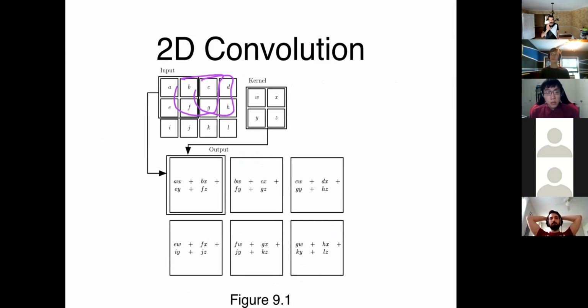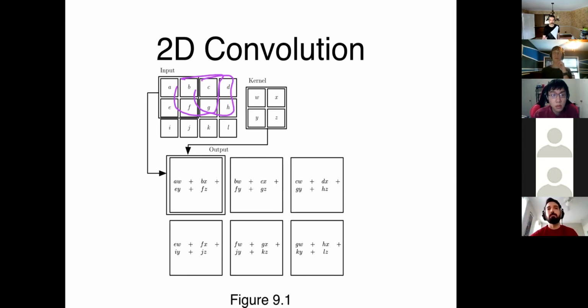But if the input has a depth of 3, we need 3 kernels. If it has a depth of 20, we need 20 kernels, right? So for the depth, we don't have this local connectivity.